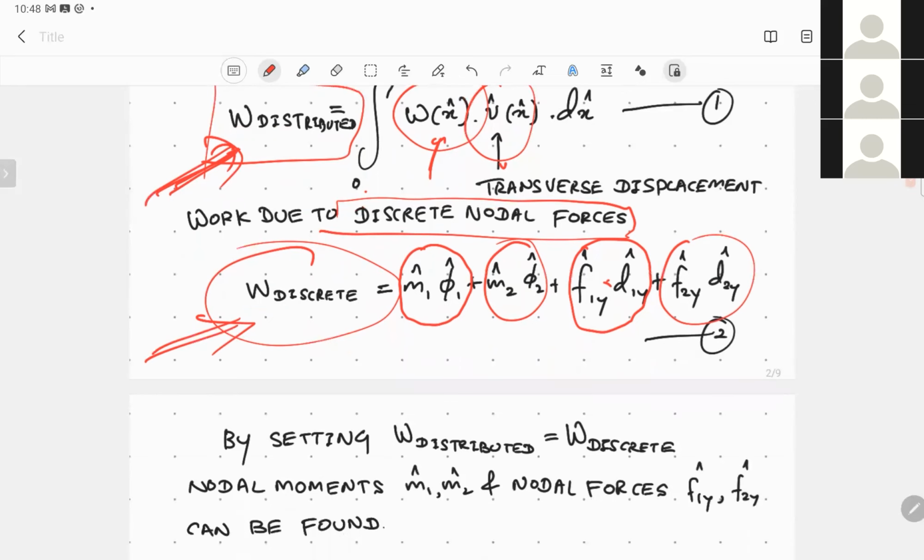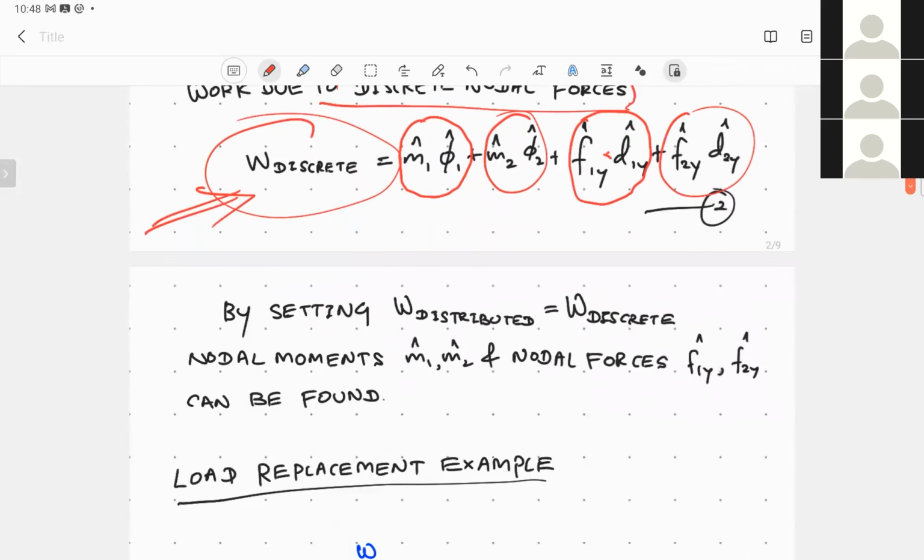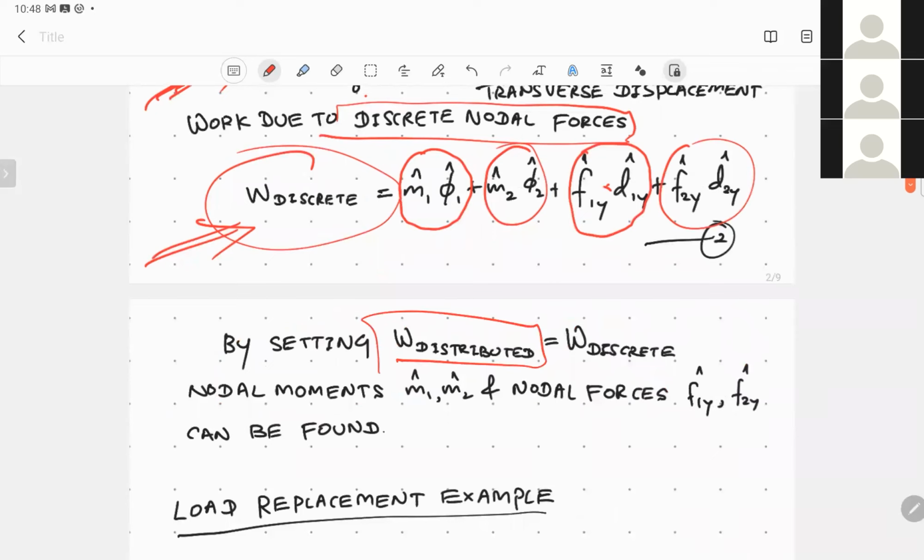By equating the work done by the distributed forces to the work done by the discrete forces and moments, we will be able to describe the distributed functions using the nodal forces, and M1 and M2 as well as F1 and F2 can be found.